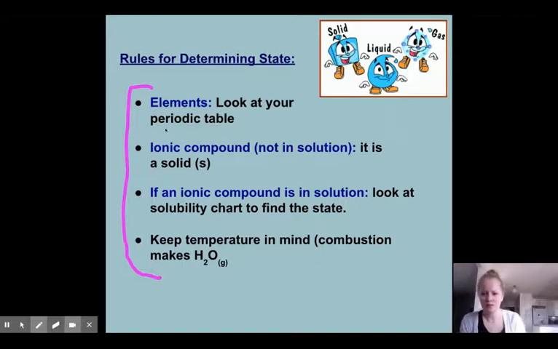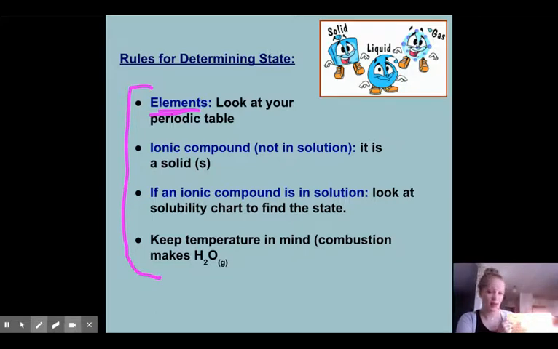So elements: if you just get a plain element on its own, so for example, silver, I would just find silver on my periodic table, and I'm going to look on my sheet, and I'm going to notice that silver is shaded in kind of grayish. And you'll notice that grayish means that silver is a solid, okay? So we use the element states that exist on the periodic table because that is the state that happens at room temperature.